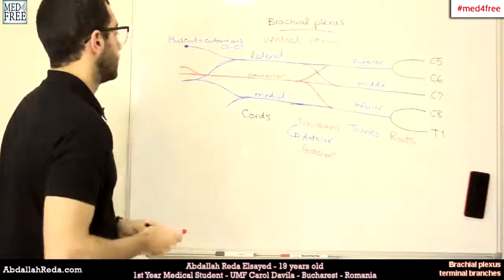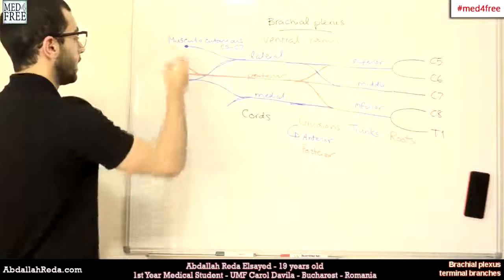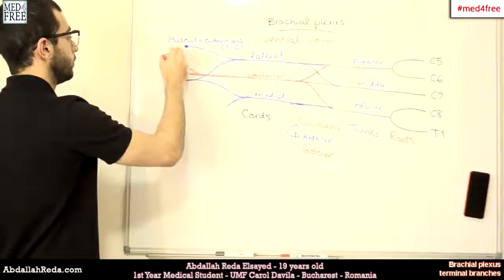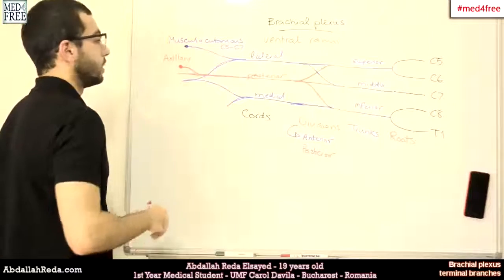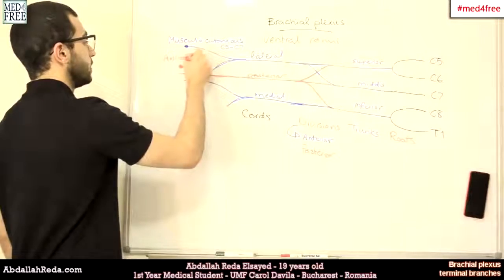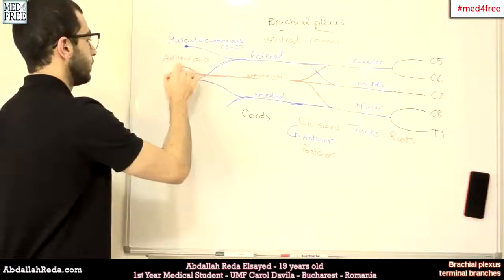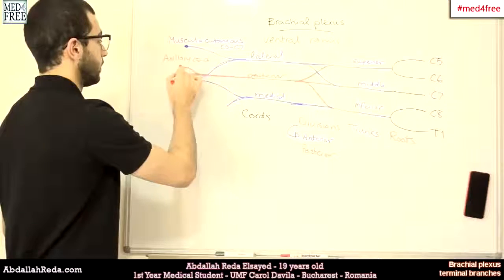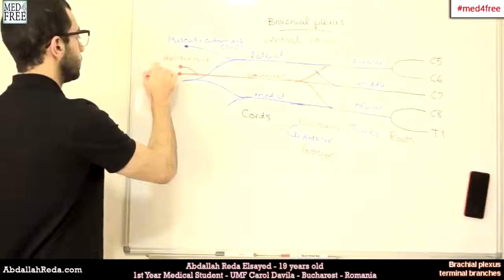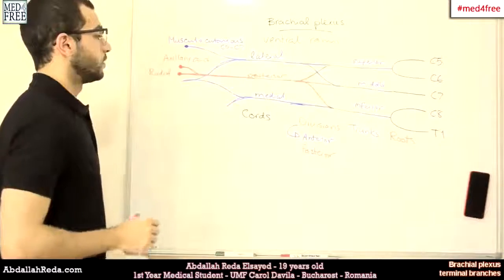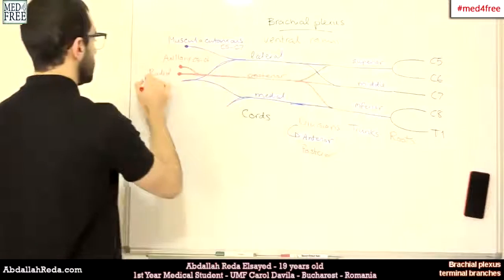We have the axillary nerve from the posterior cord, and it receives innervation from C5 to C6. We have the radial nerve, the thickest nerve in the brachial plexus. So radial, and it receives innervation from C5 to C8.